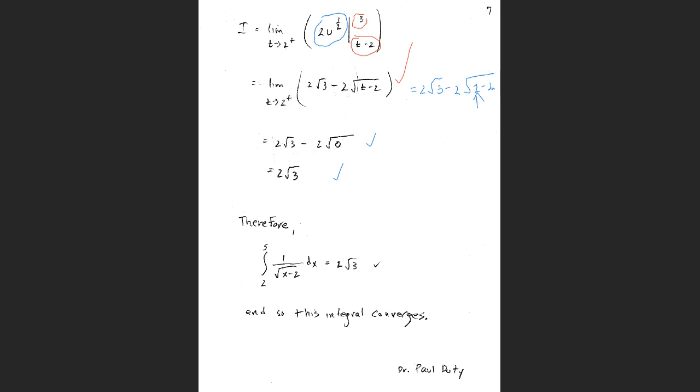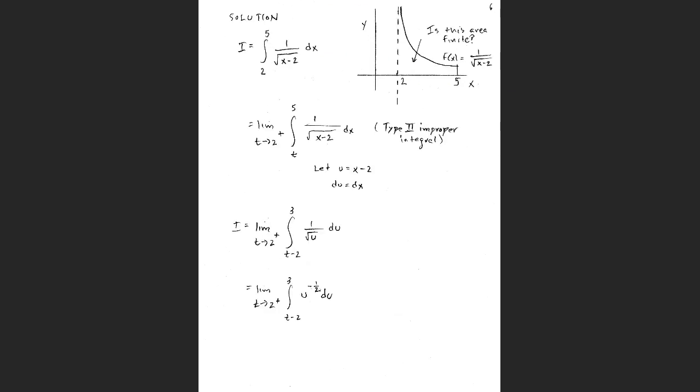I'll just go back to this real quick. The area is positive. The integral converges. And we would expect, if the integral converged, that the area be positive, because the function is entirely above the x-axis. So we get 2 root 3.